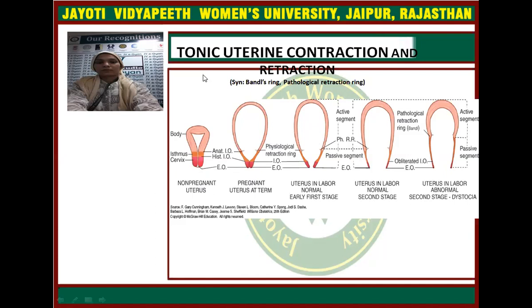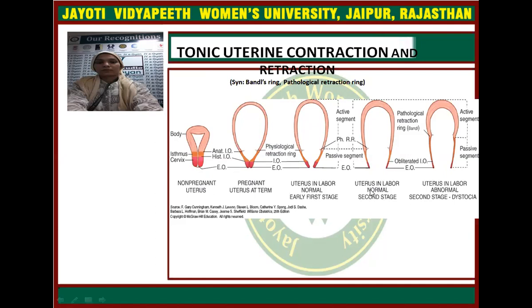This is the second stage of labor we can see. So this is the upper uterine segment, and this is the lower uterine segment, right? So this ring is between the upper uterine segment and lower uterine segment. There is a physiological retraction ring we can see here, no? This is in the second stage of labor.